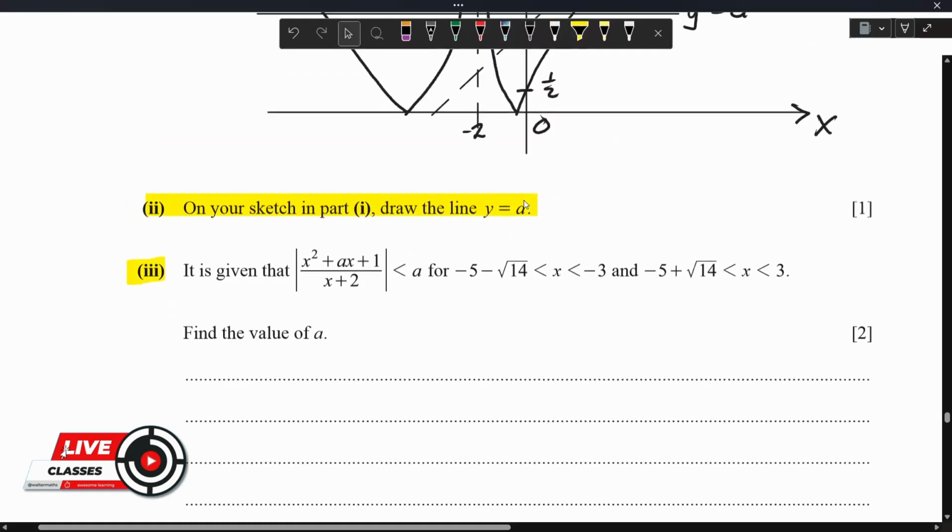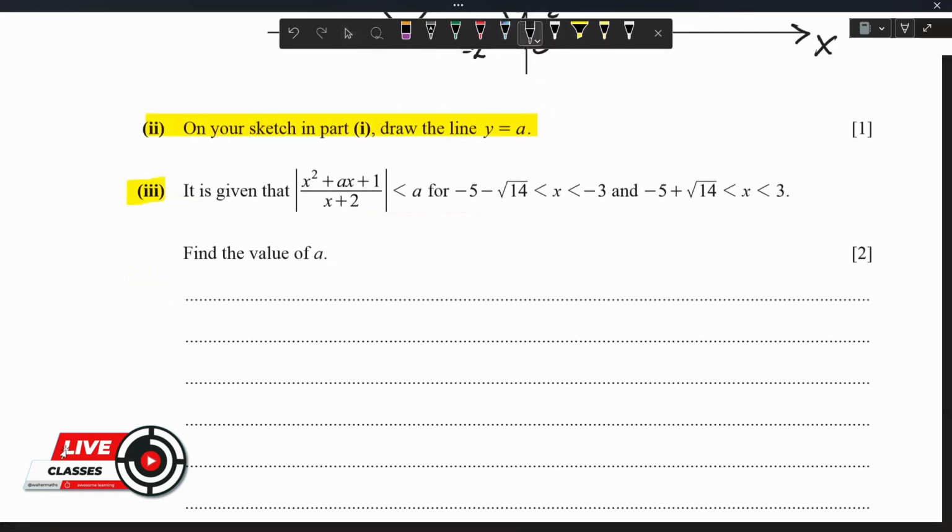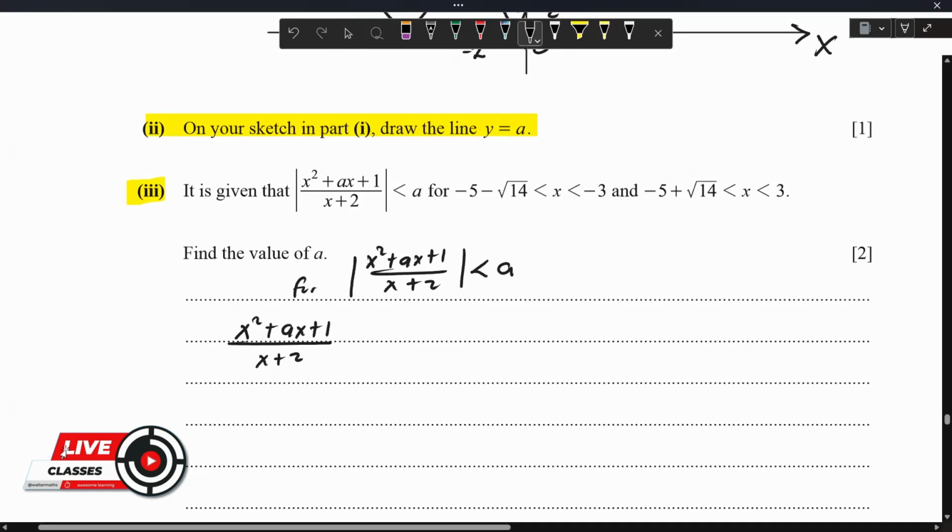Okay. All right. So quite an interesting question it is: the modulus of (x squared plus ax plus 1) over (x plus 2) being less than a. It's a modulus inequality, so for its solutions we're going to consider (x squared plus ax plus 1) over (x plus 2) equal to plus or minus a.